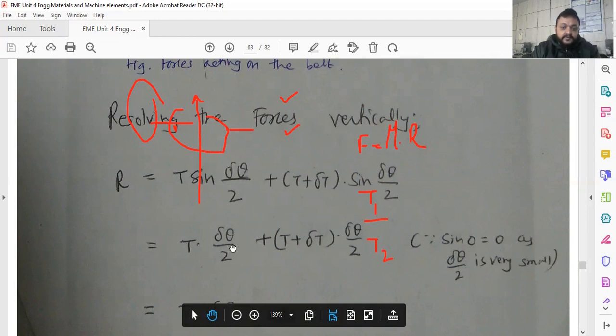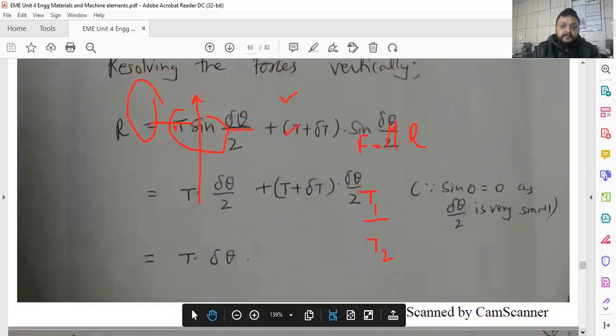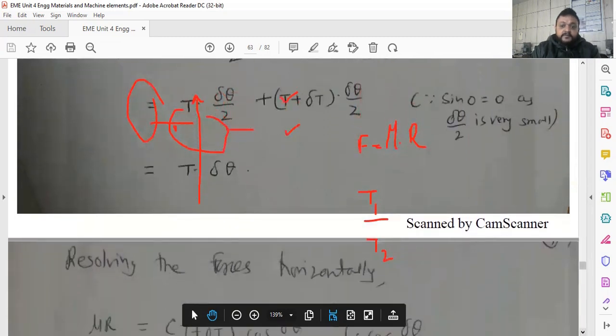So T into delta theta by 2 plus T plus delta T into delta theta by 2. Simplifying this and removing the small terms, the multiplication becomes simpler. So only we have T into delta theta. Now resolving the force horizontally.